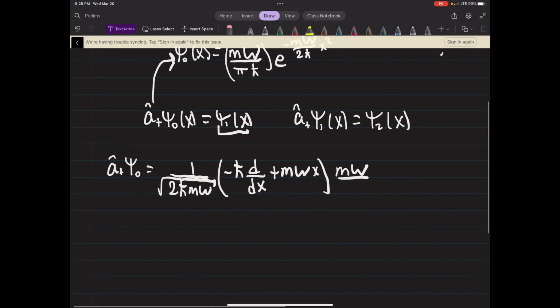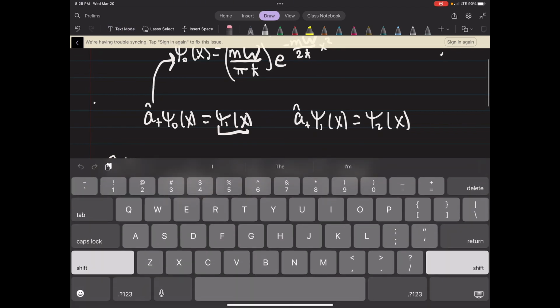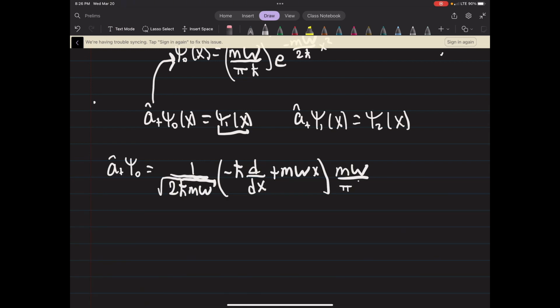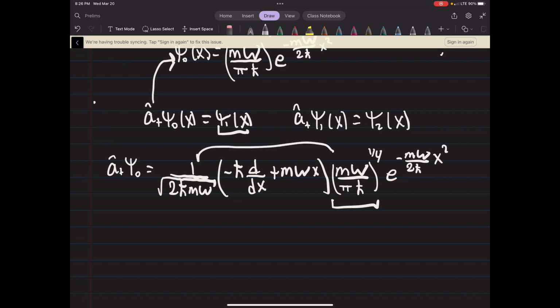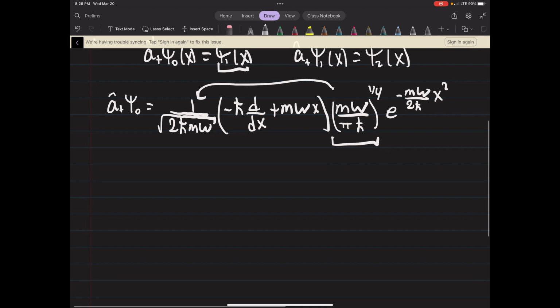This is our ground state. Okay, so this term here is essentially a constant, so I can pull it out. And then I'm going to distribute the operator across.